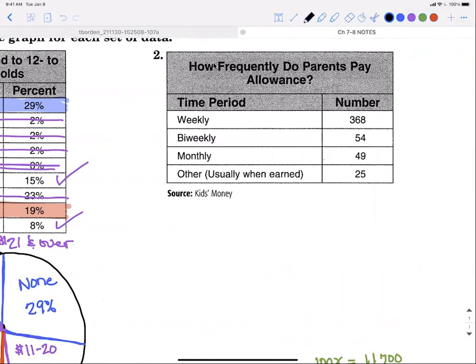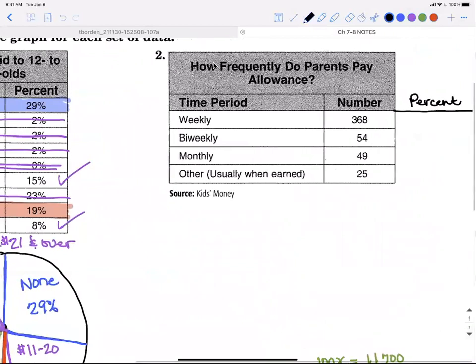So I just want to be specific. What did they not give me here? Yeah, they don't give me the percent, but you have the knowledge from this chapter to find the percent. How many total people answered this survey? Add them up. It's 496 when you add up all those weekly, bi-weekly, monthly, and other people.